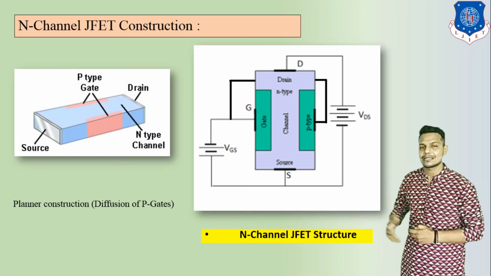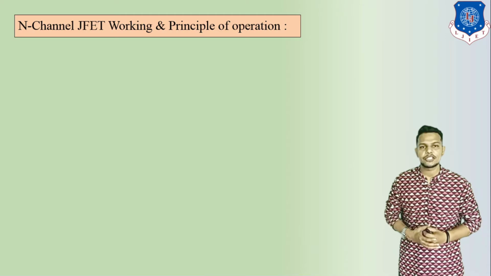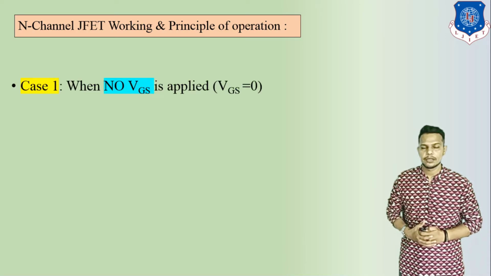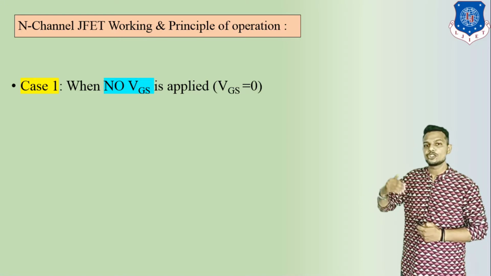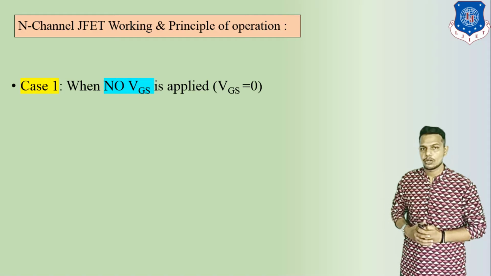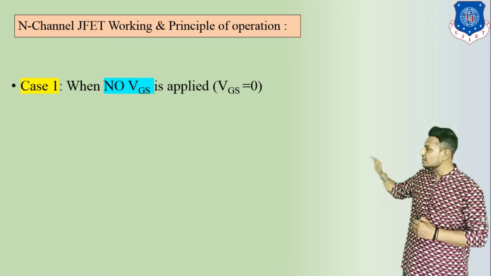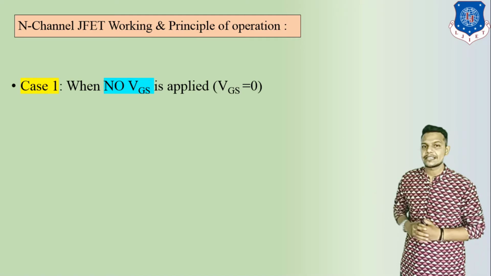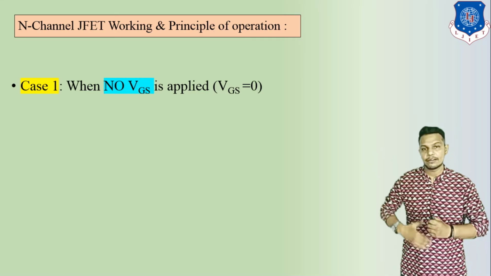So now let us discuss its brief working principle. Here we can see this is the N-channel JFET working and its principle of operation. We are going to discuss it in 3 different parts, or we can say cases. Case number 1, VGS is equal to 0, or we can say no VGS is applied in this construction. Then what happens?